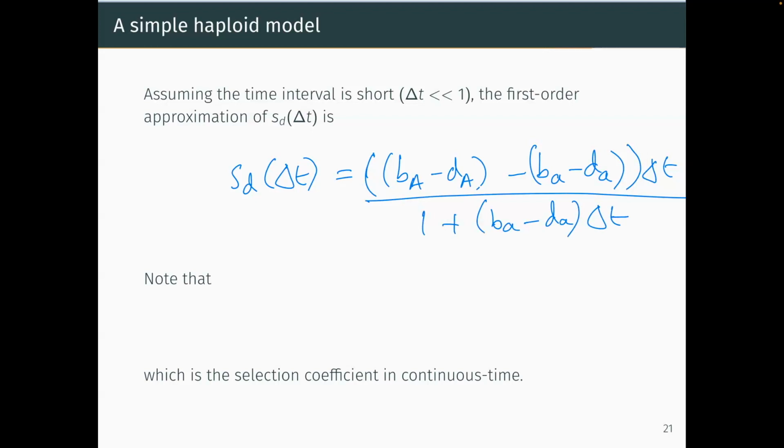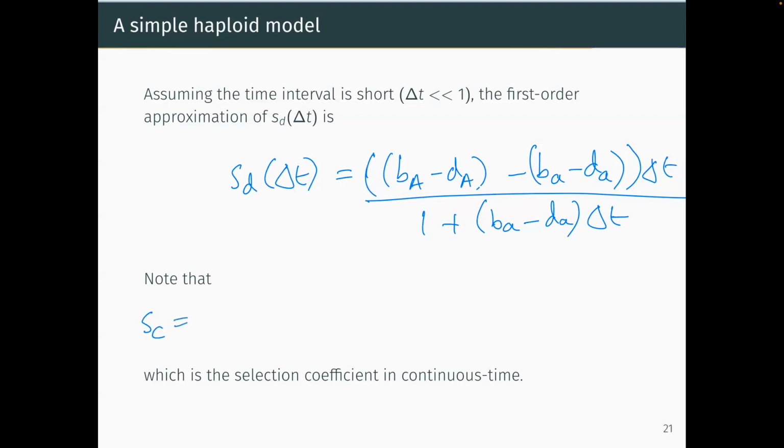Now we can think a little bit about our limits. What happens as delta t tends towards 0? Well, as delta t tends towards 0, actually let's divide throughout by delta t. So if we define SC, this is going to be in continuous time.